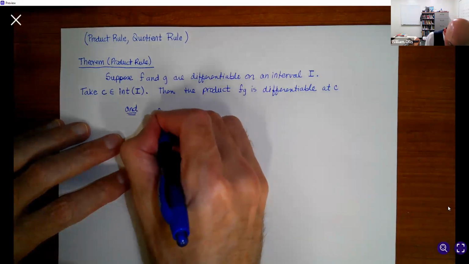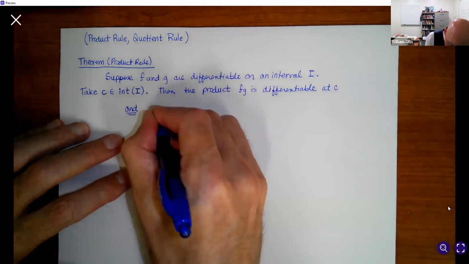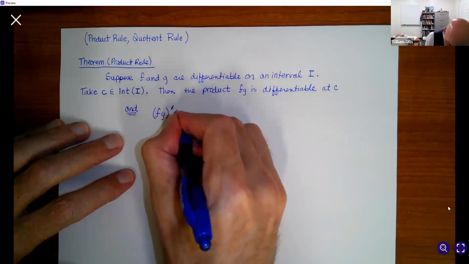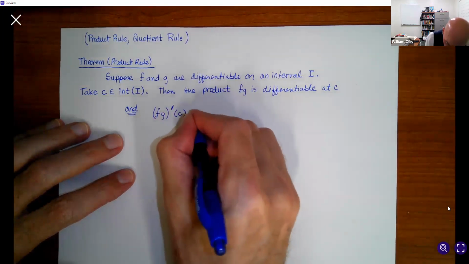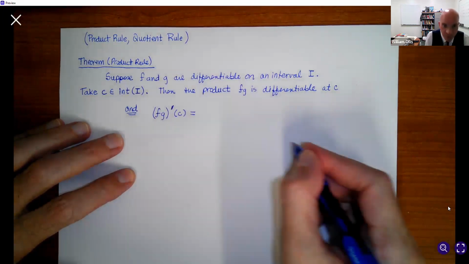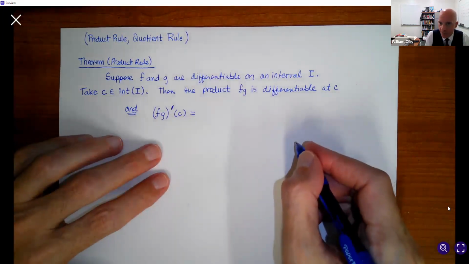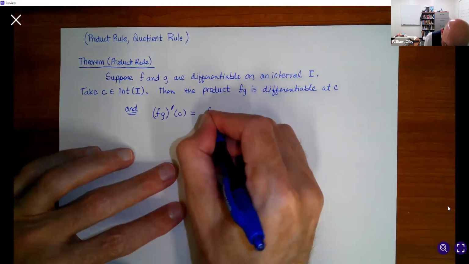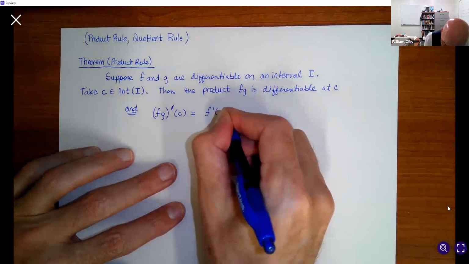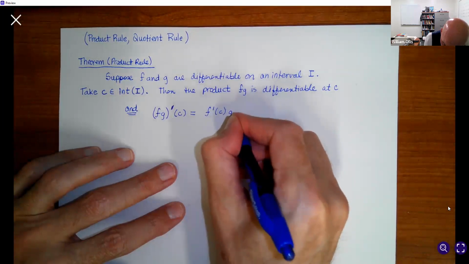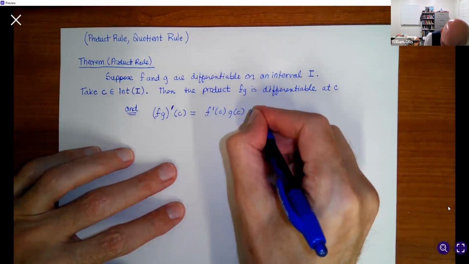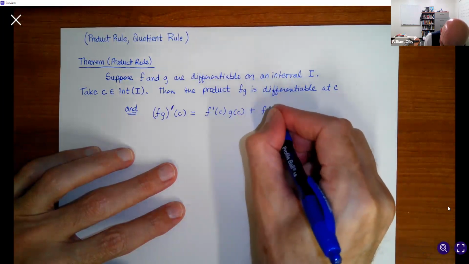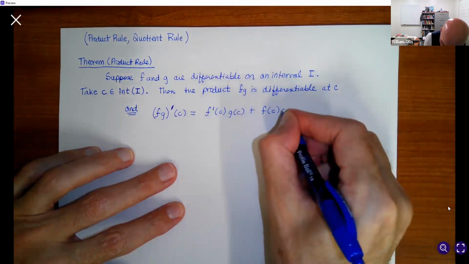So when we say f times g, derivative at c, we get a rule that's usually named after Leibniz. Sometimes this is called Leibniz rule. So we have the derivative of f at c times g of c plus f of c times g prime of c.